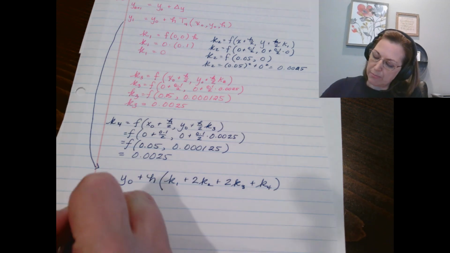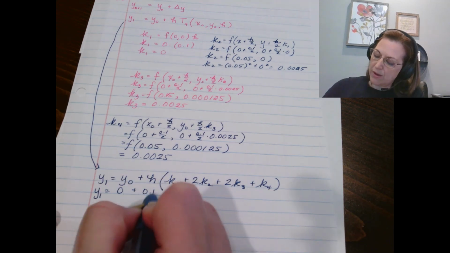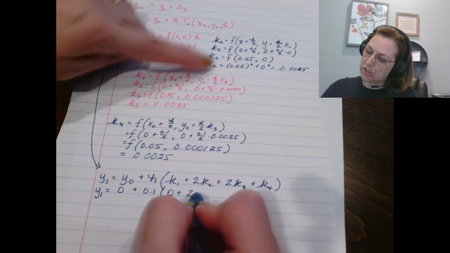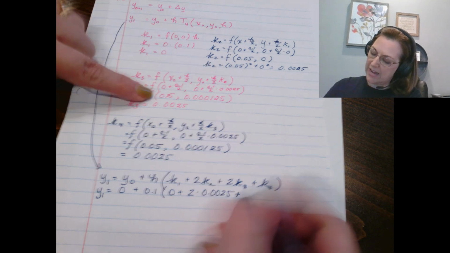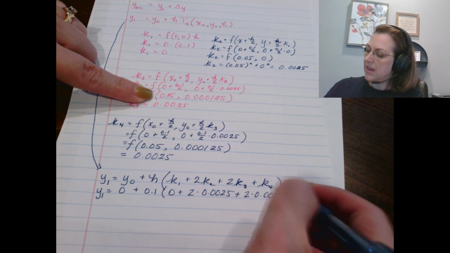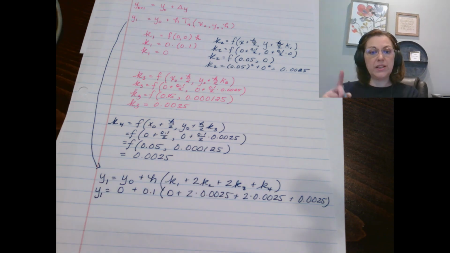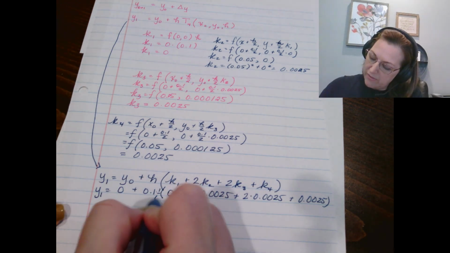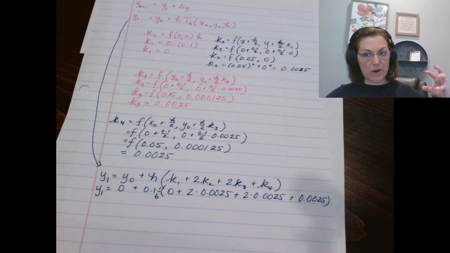So let's plug in what we have. We've got 0 for y sub 0, h is 0.1, K1 was 0, K2 was 0.0025, K3 was the same, and then K4 we just added. The only thing we forgot is that we need a 1/6 in front. So that's 0.1 times 1/6 times this weighted average.